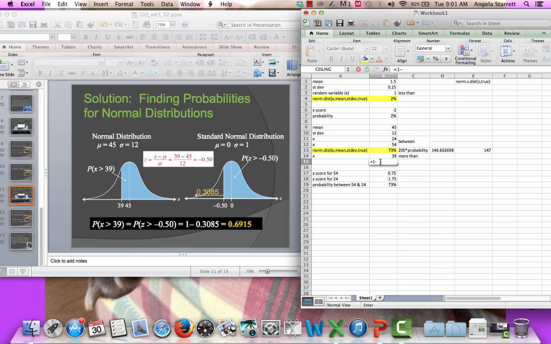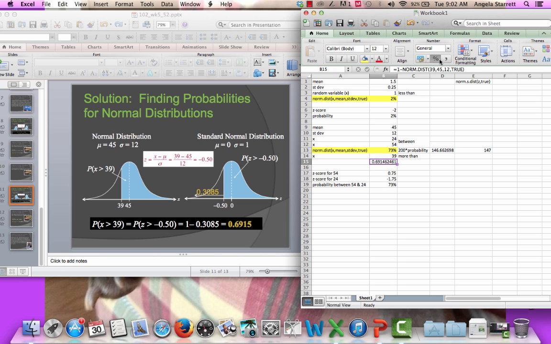So 1 minus NORM.DIST, and my x now is 39, my mean is still 45, my standard deviation is still 12 minutes, and I always have to type TRUE.